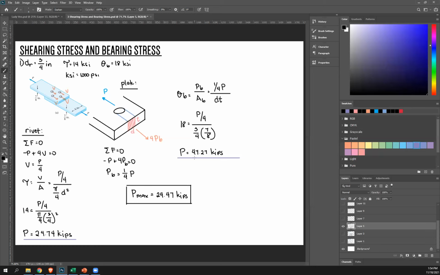If you choose the other one, the rivet will fail because the rivet can only handle this much force. Anything more than this, your rivet will fail, which is not what we want. So I can't use this, because again, the rivet will fail. So the answer is this.